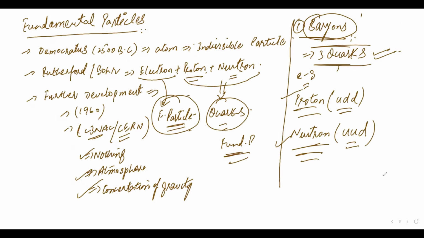Now, thirdly, we've got another class of particles, and that class of particles is known as hadrons. Remember that whenever you're talking about quarks in the case of a baryon or a meson, quarks make up a baryon and a meson.